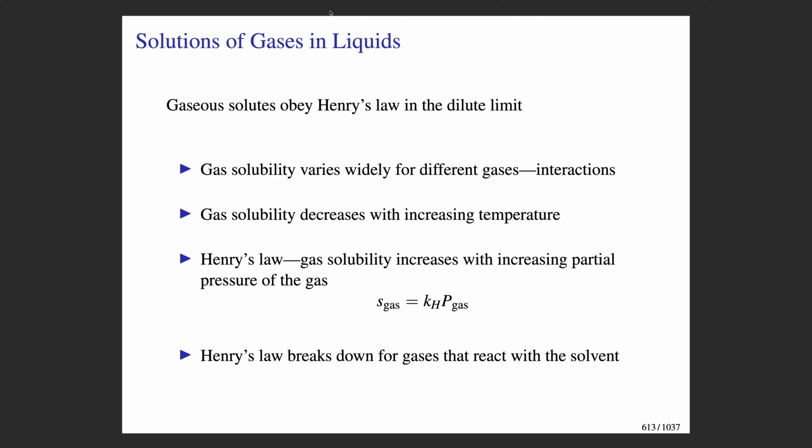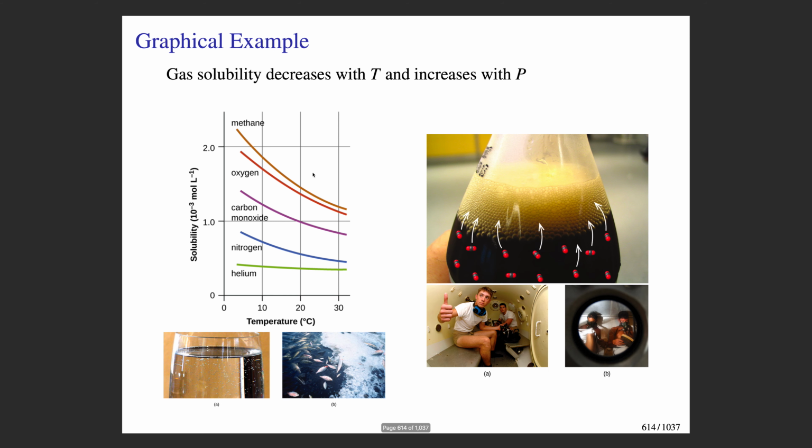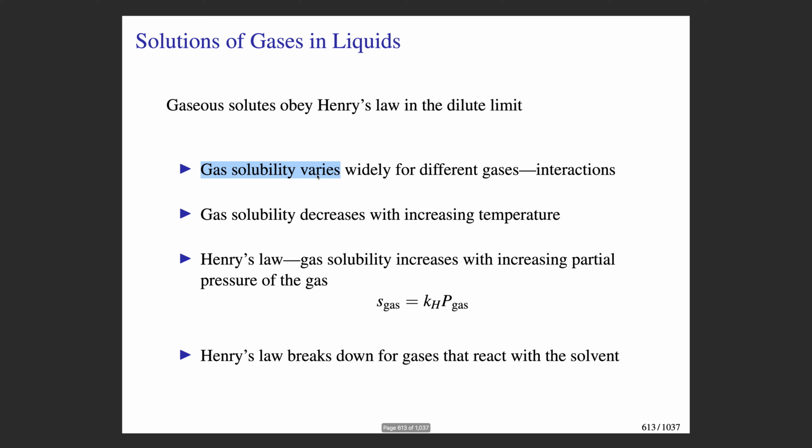So we have a dilute solution, and the solution will obey Henry's law. The solubility of a gas varies widely for different gases, and that's because of the difference between the interactions of certain gases and water. It really depends on how much gas you can dissolve in a given amount of liquid, and that depends on what gas you're talking about. So the identity of the gas makes a difference here.